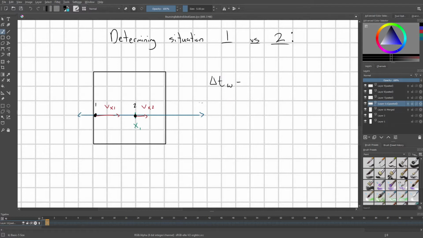This here is the time it takes for particle 2 moving at Vx2 to hit the right wall.